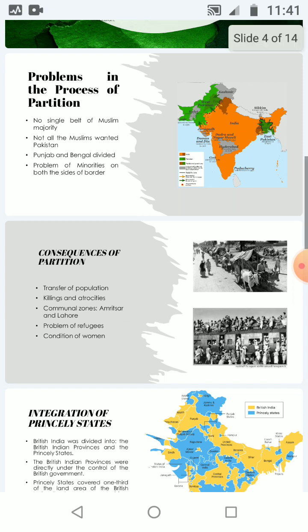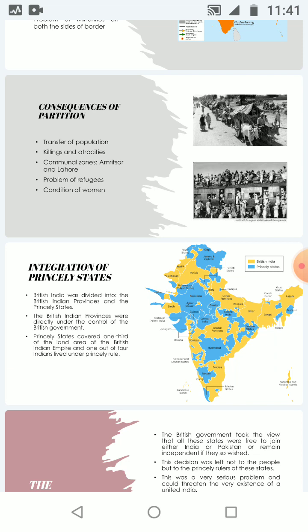There were great consequences of the partition. Consequences of the partition were very bad. Muslims and Hindus, both communities, were killing and maiming each other ruthlessly, especially in Amritsar, Lahore, and Bengal. There was a great problem of refugees also.